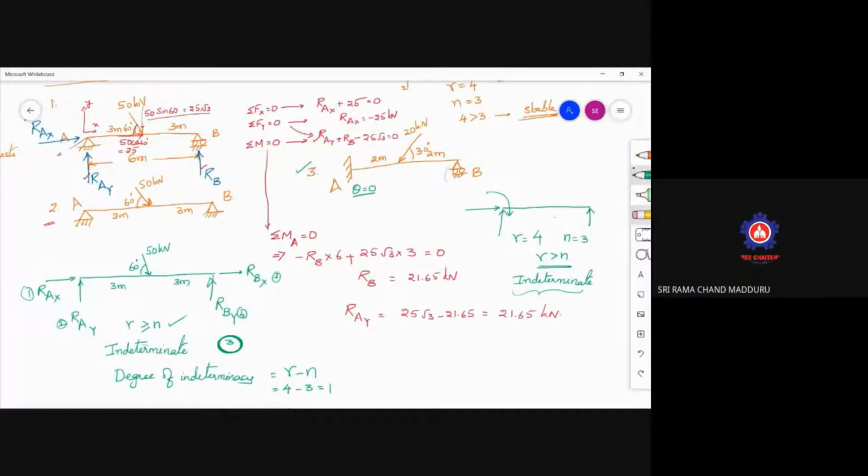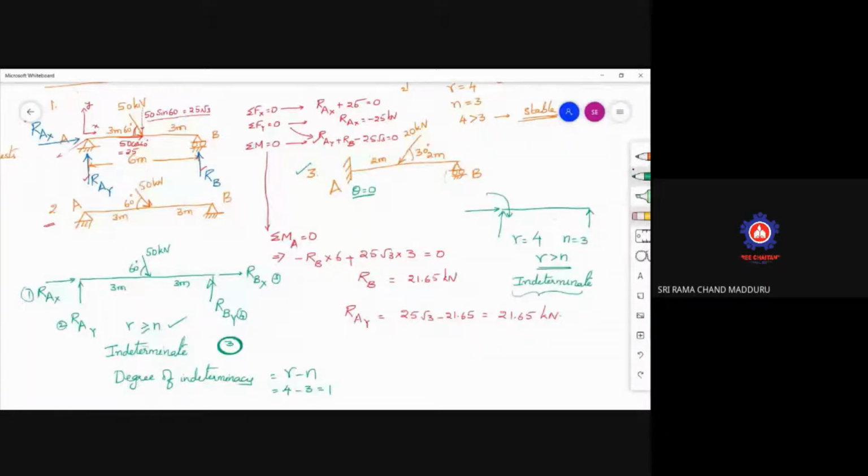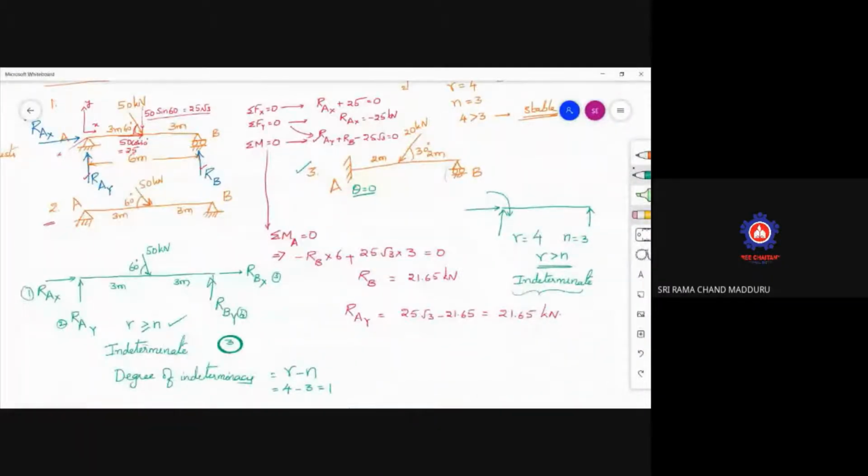Hence, you need specialized techniques to analyze these types of problems. Structural analysis deals with analyzing these types of structures. That's why studying structural analysis is important, where you are analyzing statically indeterminate structures.